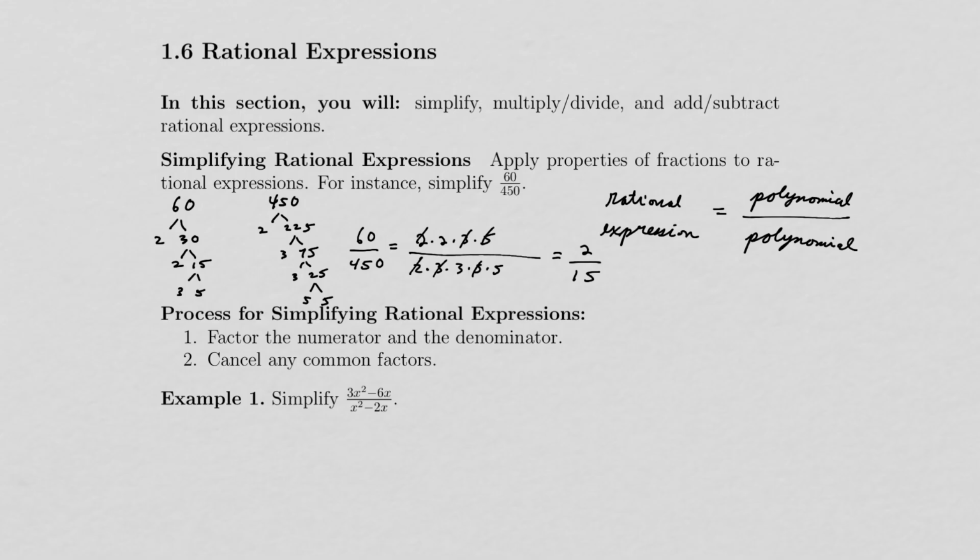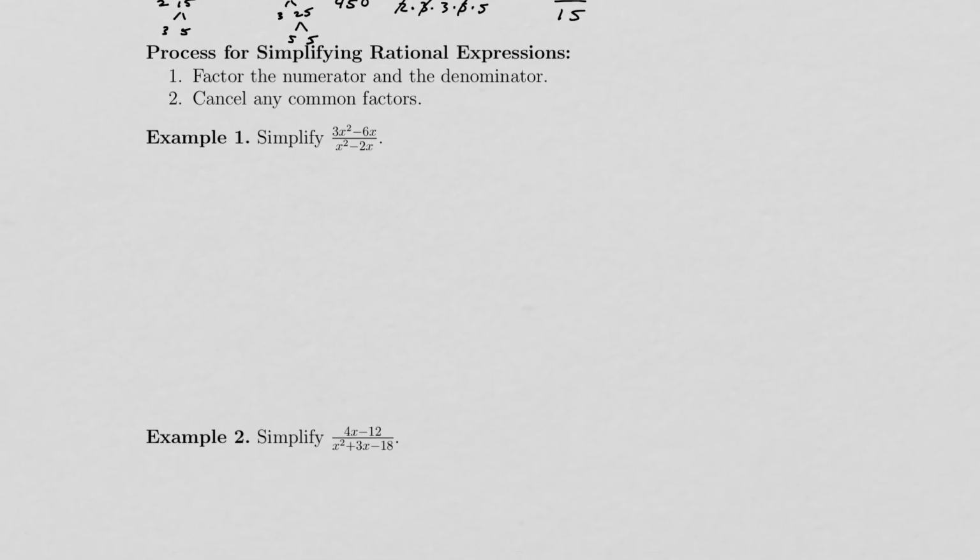All right, so let's look at the next example here. Okay, so I want to simplify this rational expression. So I'm going to try and factor the numerator and denominator, right? See if there's anything I can cancel. So if you look at the numerator, first of all, it looks like there's a common factor, right?